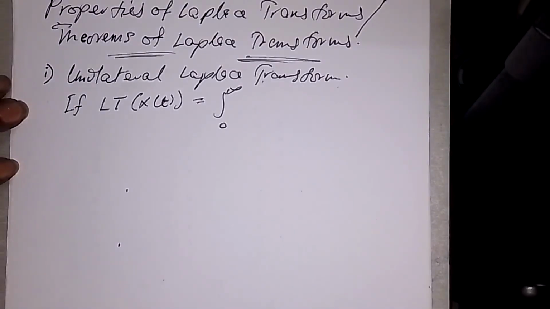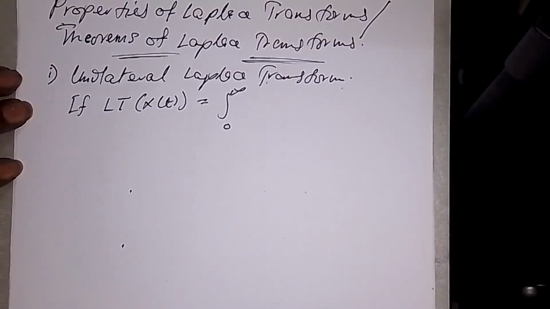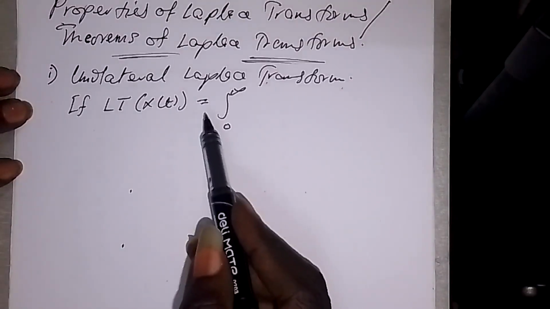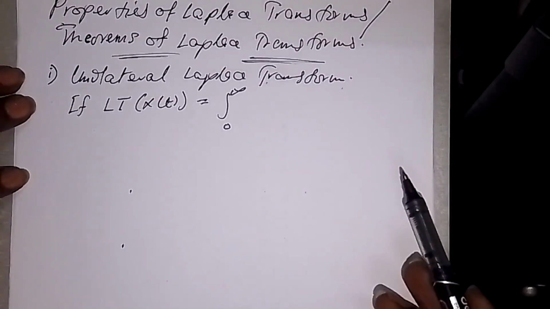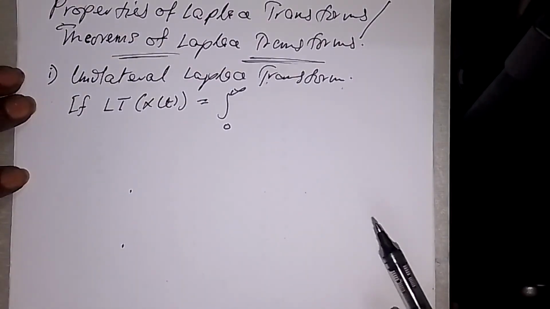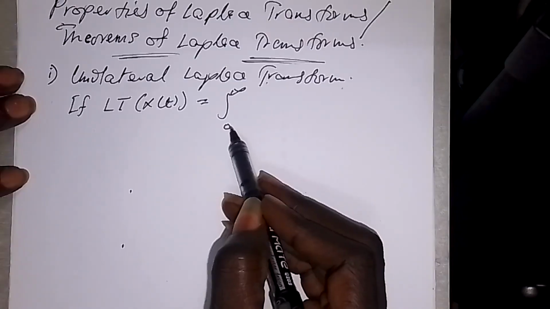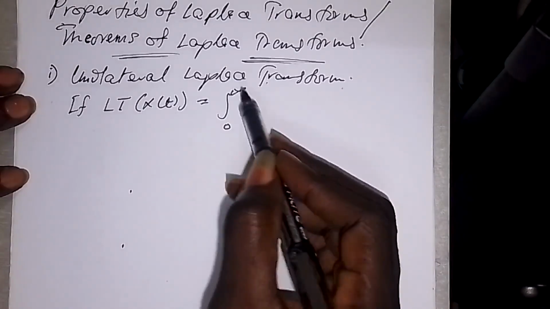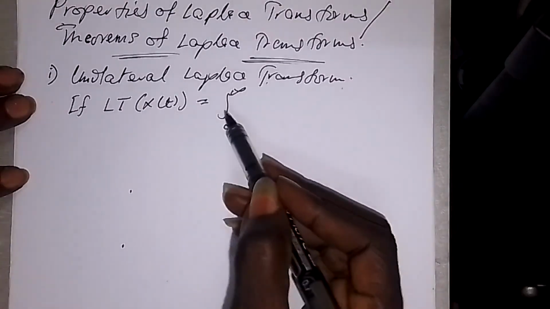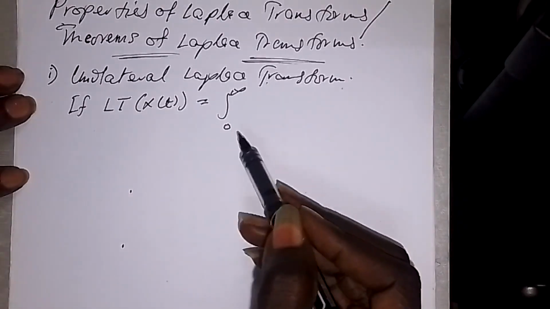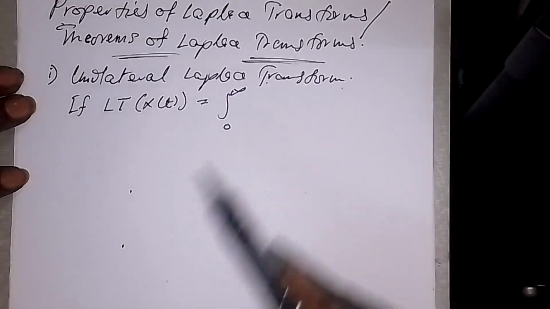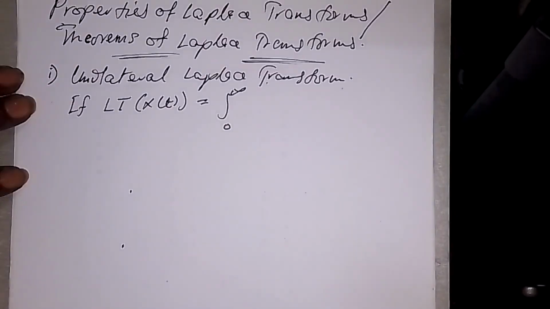Basically, this is more of a theorem than a property, that's why I call them theorems. The bilateral Laplace transform is when the integral is from minus infinity to infinity. But when it is from 0 to infinity, then it's called the unilateral Laplace transform. Please note this word difference.